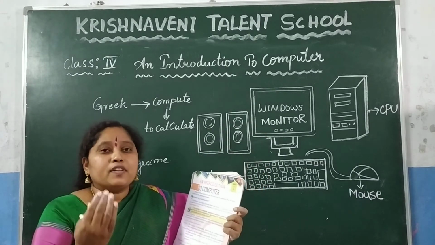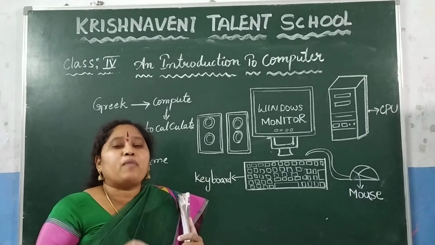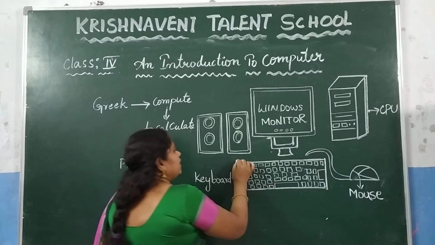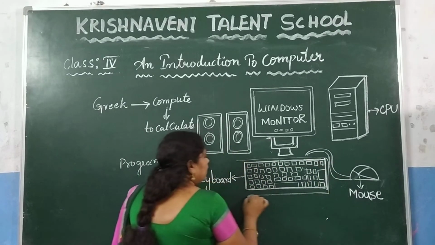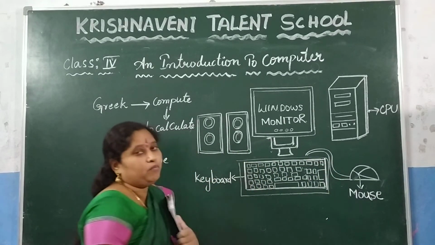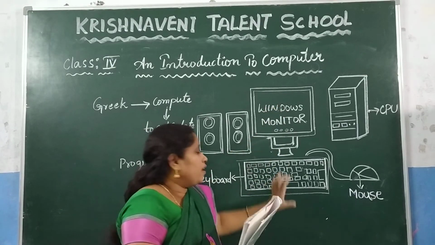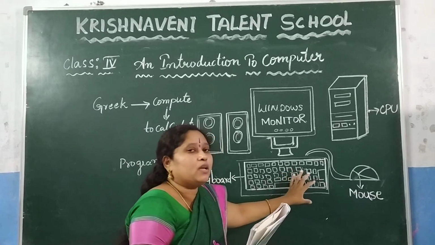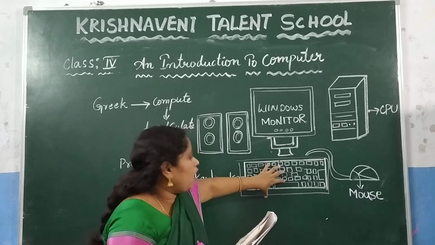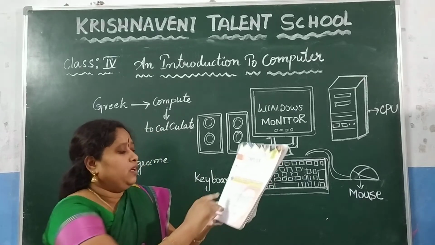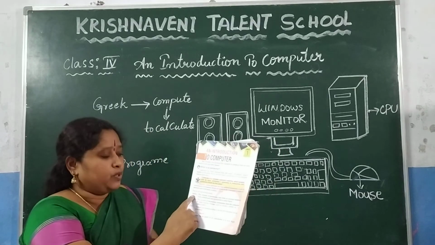The keyboard is an external medium through which we give instructions to the computer. So, when we type the instructions from the keyboard, the data of instructions will be received by the computer. That is known as input.